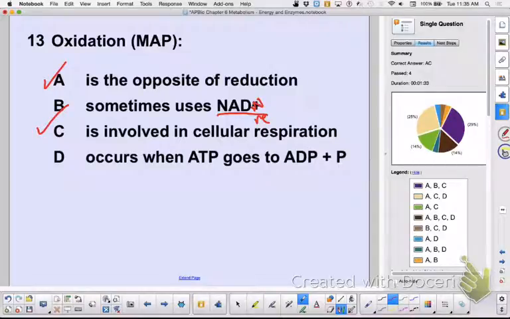Does it occur when ATP goes to ADP and phosphate? No. These are totally different things. Being reduced and oxidized, and whether you're ATP or ADP, that's different. That's the state of electrons. You don't refer to ATP or ADP getting oxidized or reduced. That's whether you have a phosphate group or not. What is NAD? NAD, nicotinamide adenine dinucleotide. It's just a compound that can temporarily hold electrons.